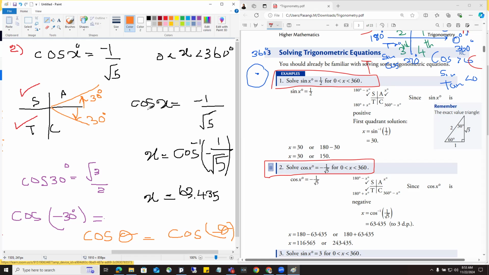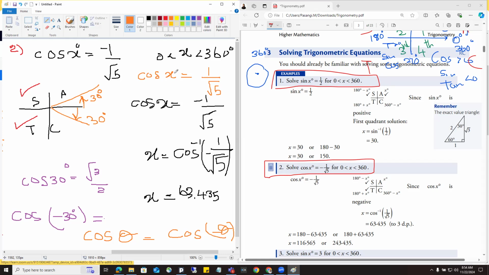Now, cos x is equal to minus 1 over root 5. If cos x is equal to minus 1 over root 5, what can we do? We can first find the value for the positive one. That means cos x is equal to 1 over square root 5.